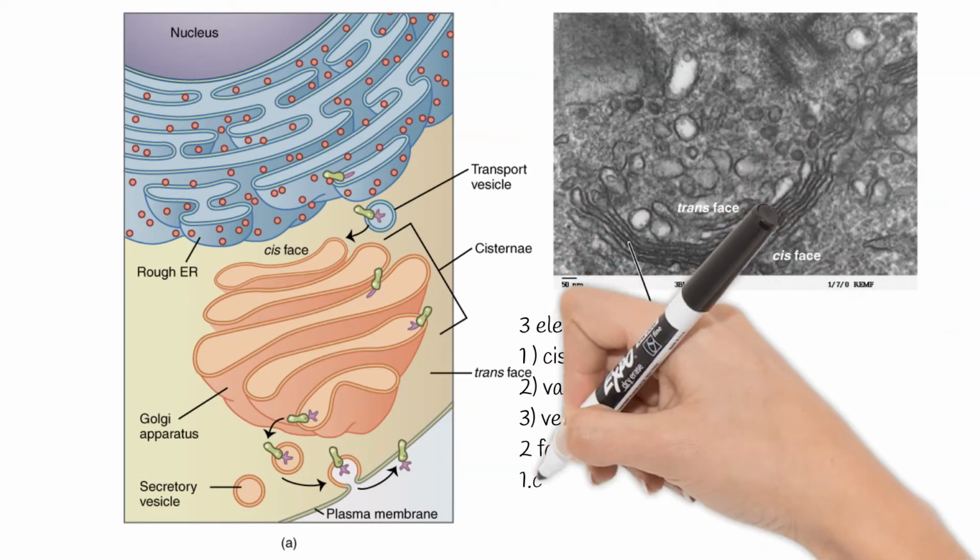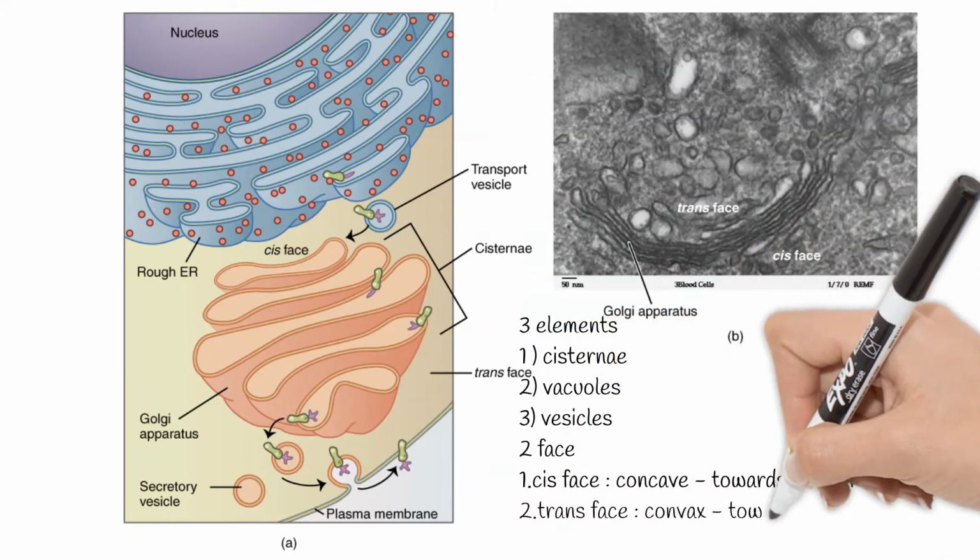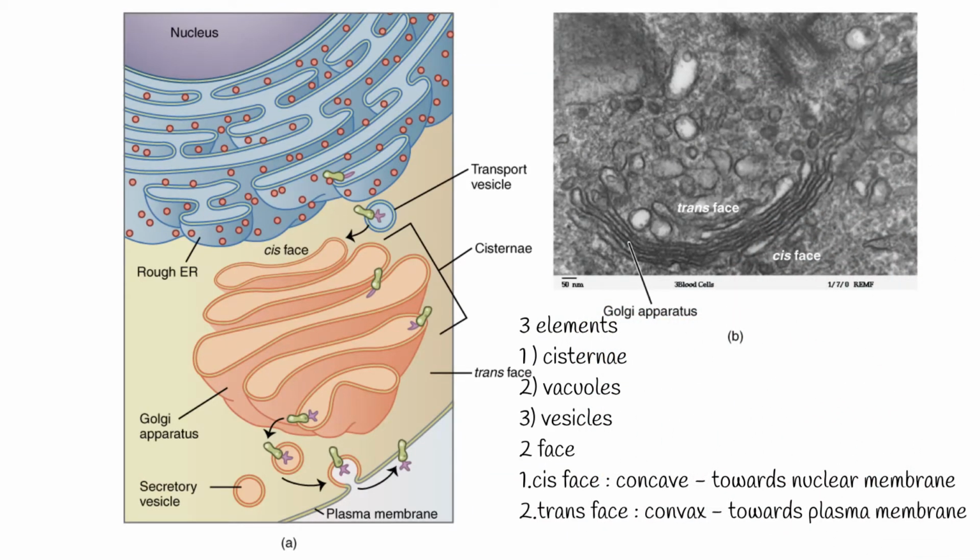Now we will discuss its structure according to Dalton. According to Dalton, Golgi is categorized into three elements. There is a strip-like structure known as cisternae, the large spherical structure known as vacuoles, and the small spherical structure known as vesicles.